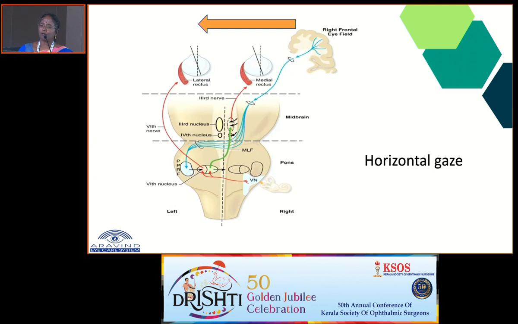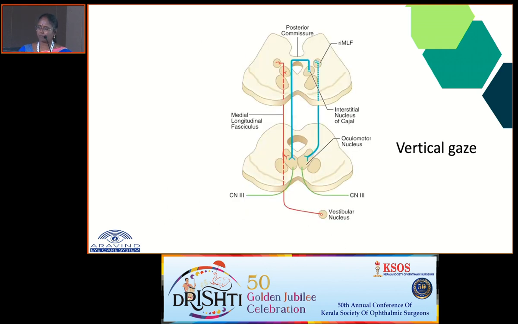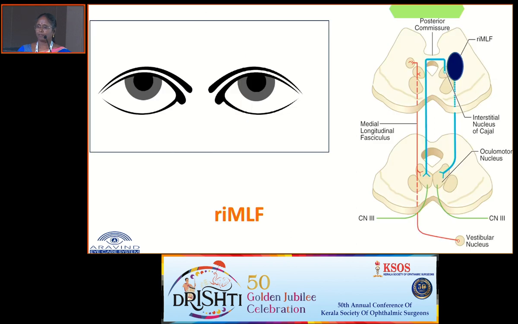Coming to the horizontal gaze pathway, if you want to look to the left, your left PPRF should be stimulated. But the command has to come from the right frontal field.